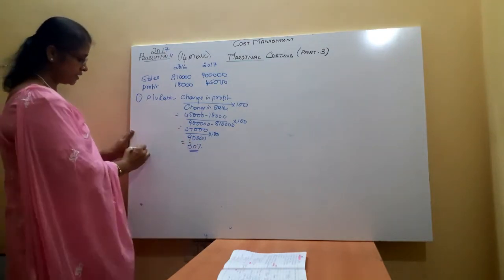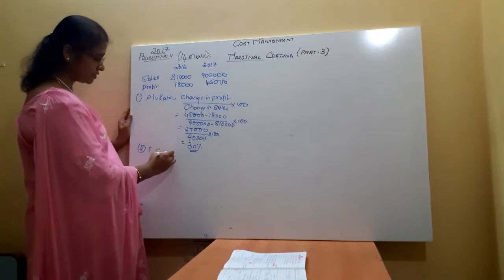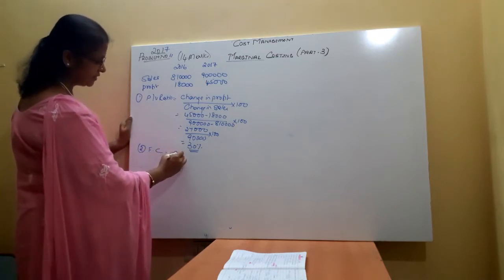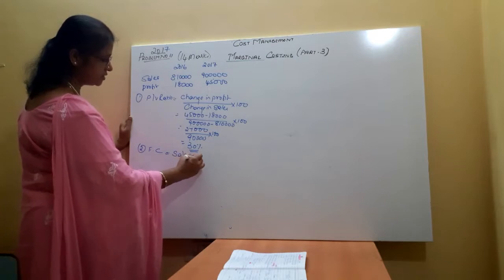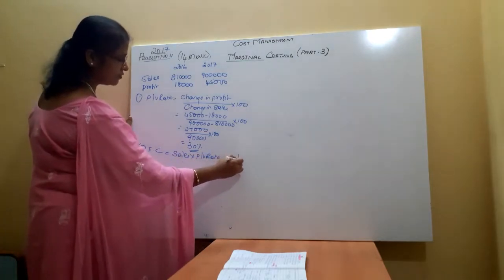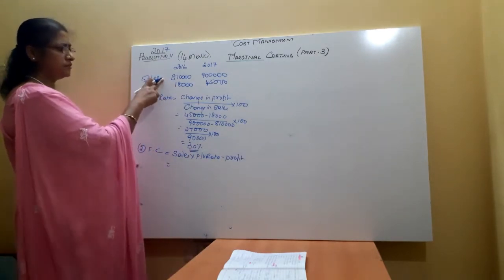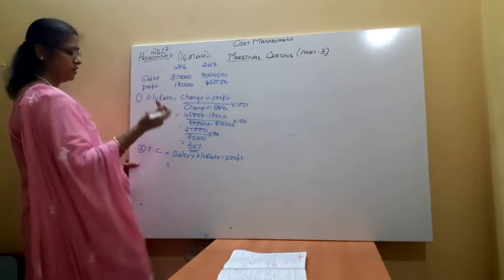Okay. The second thing is they asked us to find out the fixed cost, which is very important. See, whenever they ask you fixed cost, directly take this formula, sales into PV ratio minus profit. So what is the sales? You can take any of the years, either 2016 or 2017.